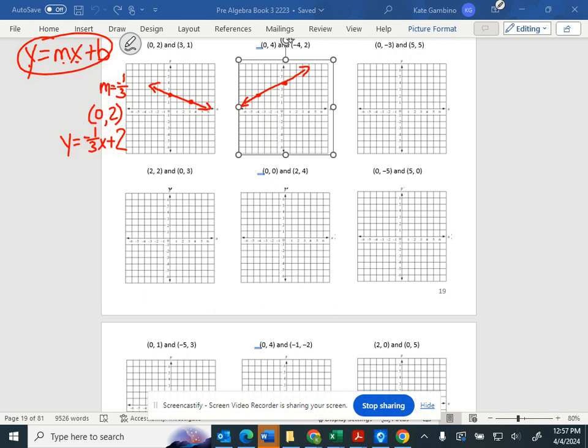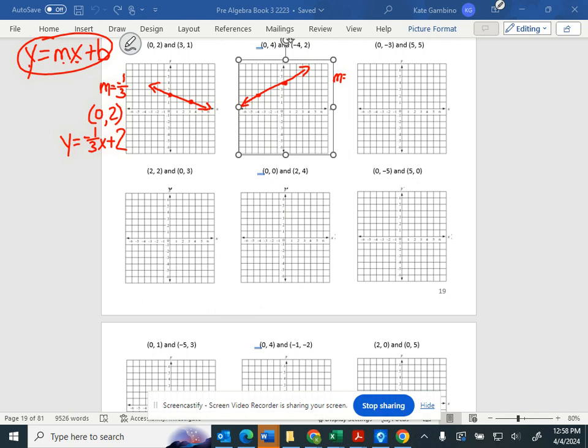All right, what is the m? Grayson, is it negative 3, 4? No, it is not. First thing I know it's not negative because I'm going up.